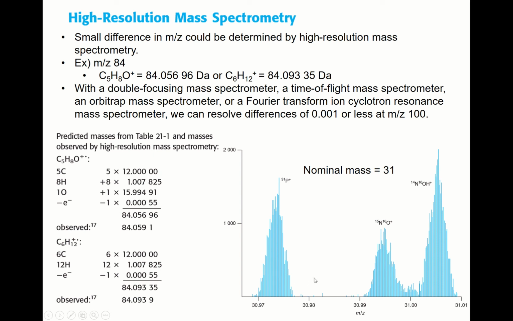In ordinary mass spectrometry, these three peaks are not distinguishable. This one has a very peculiar ion mass distribution like that, but this one is here. The important point is that with a high resolution mass spectrometer, all these three species are distinguishable, although their nominal masses are the same. That's the point.